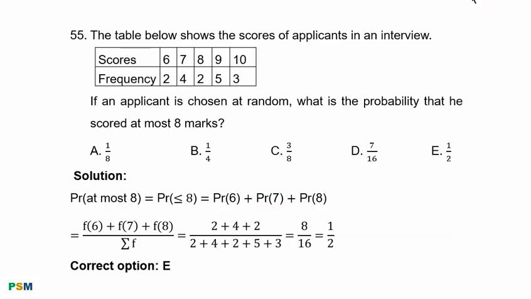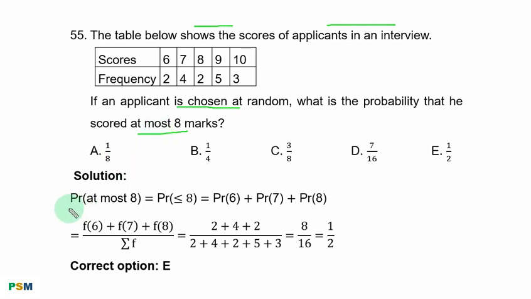Question 55. The table below shows the scores of applicants in an interview. If an applicant is chosen at random, what is the probability that he scored at most 8 marks? At most 8 marks means 8 marks and below. 8, 7, 6.